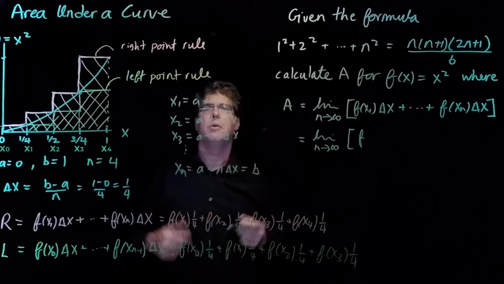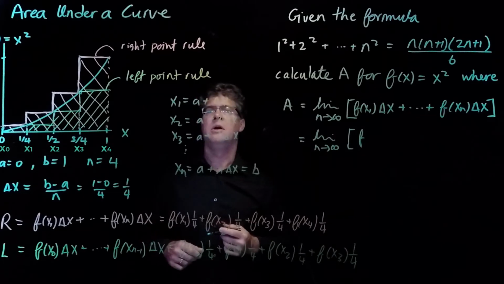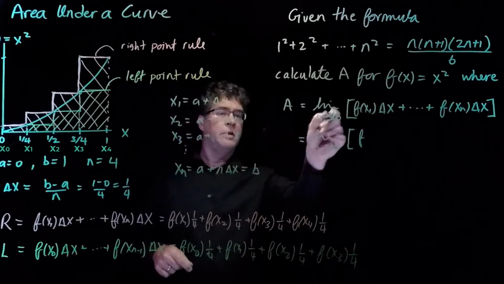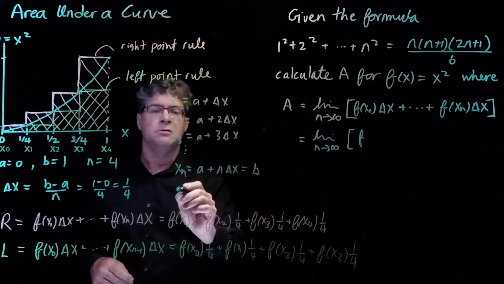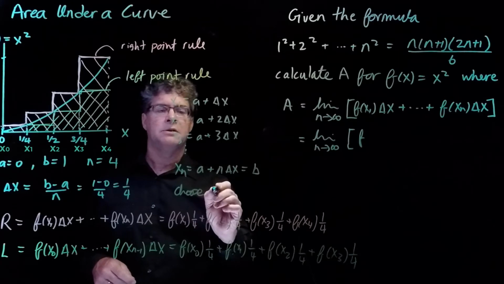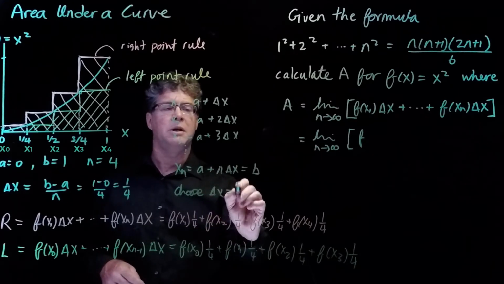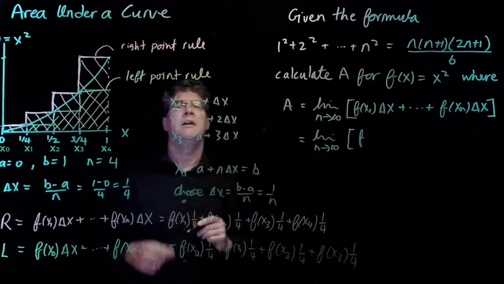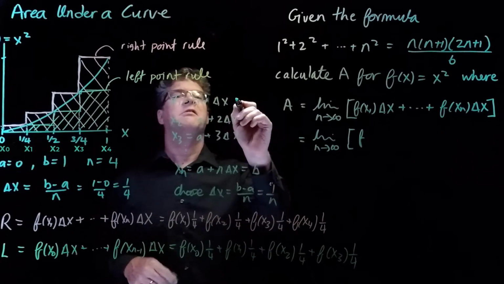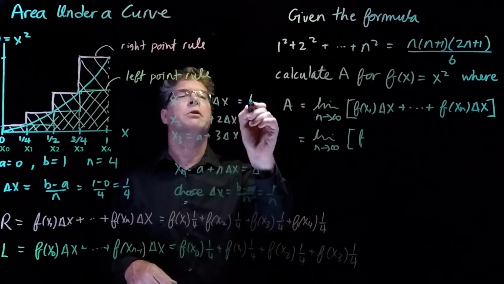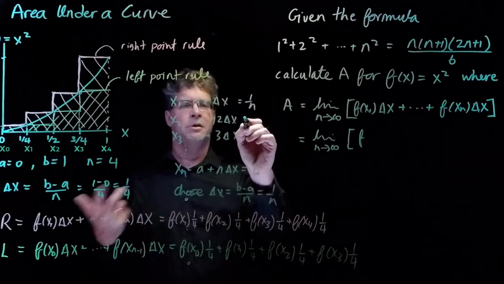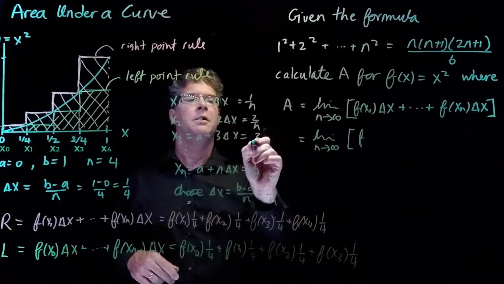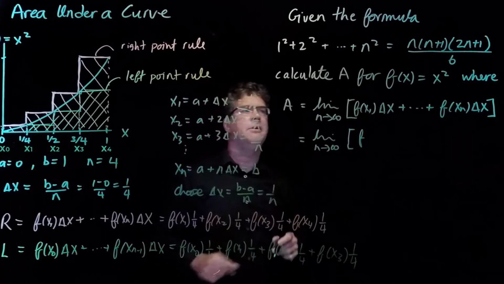In our case here, a is equal to 0, b is equal to 1, and we need to choose delta x to be equal to b minus a over n, which is 1 over n. So x1 will be 0 plus 1 over n, so this is 1 over n. x2 will be 0 plus 2 times delta x, which is 2 over n, and so on. So we can plug these values in here now.